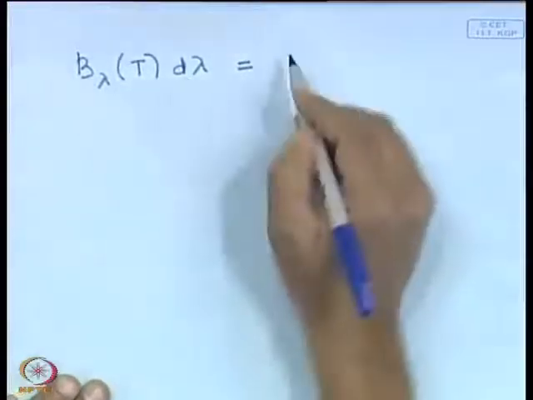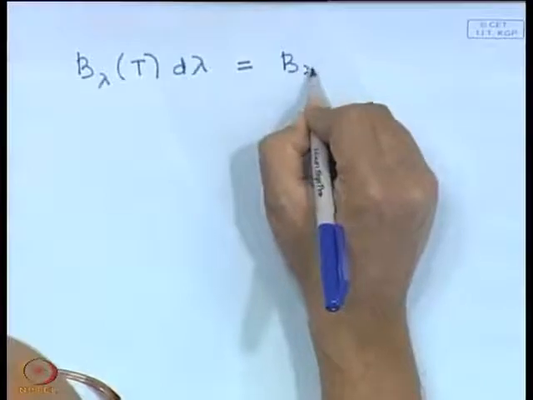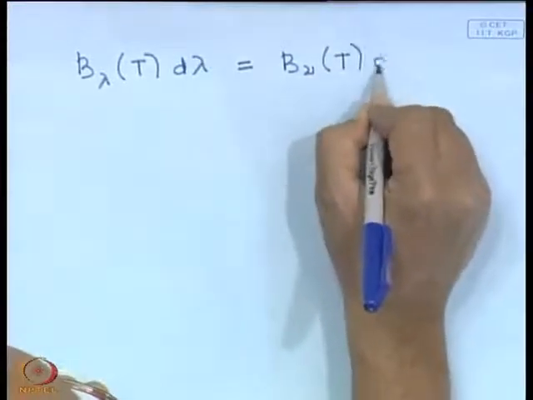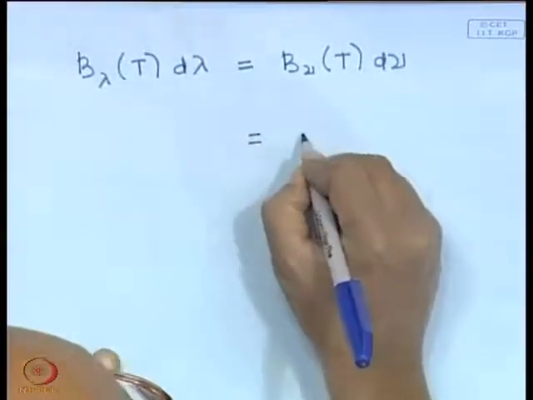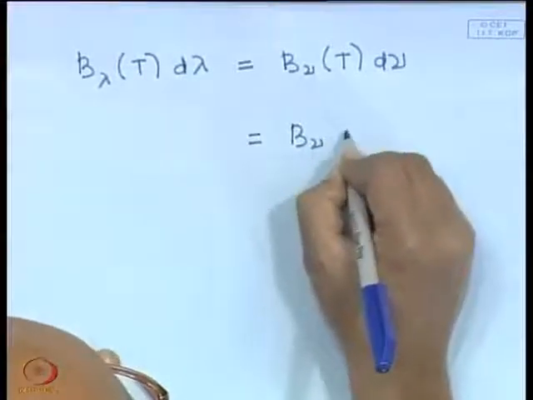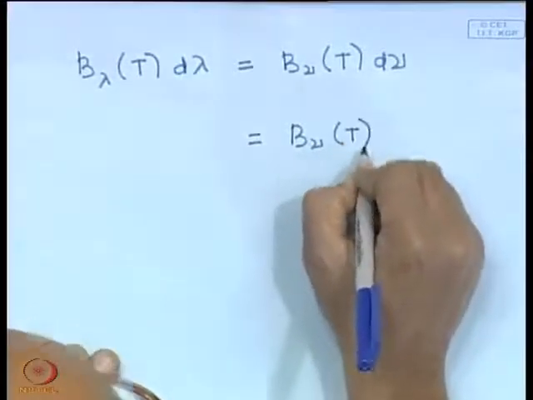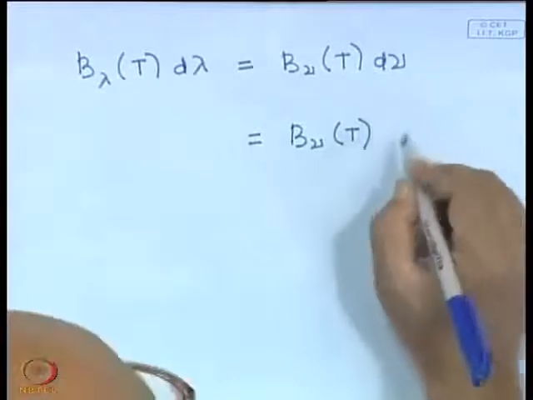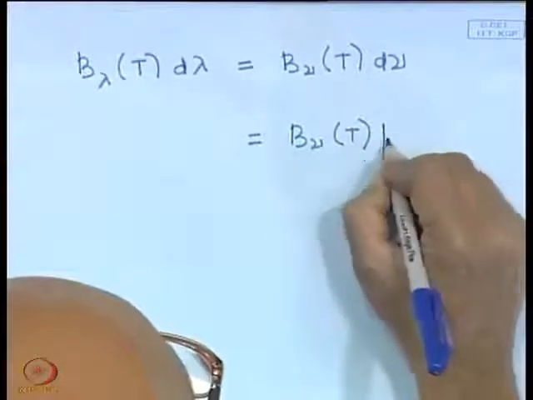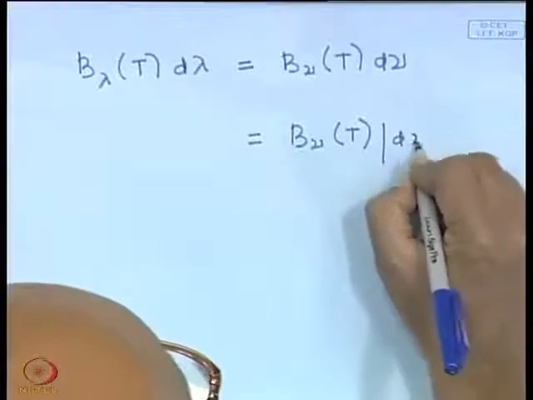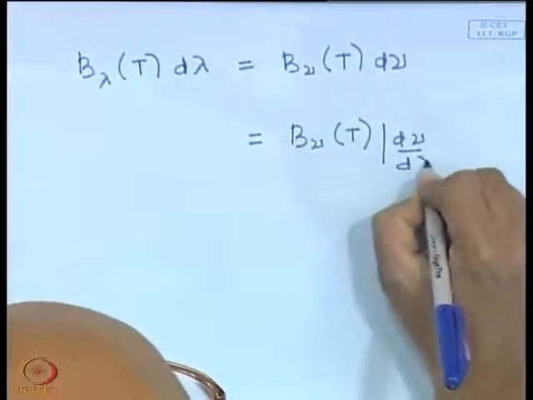So, B lambda d lambda is equal to B nu d nu. The same energy is contained in the corresponding wavelength interval, and we know that we can write this with the mod of d nu by d lambda.